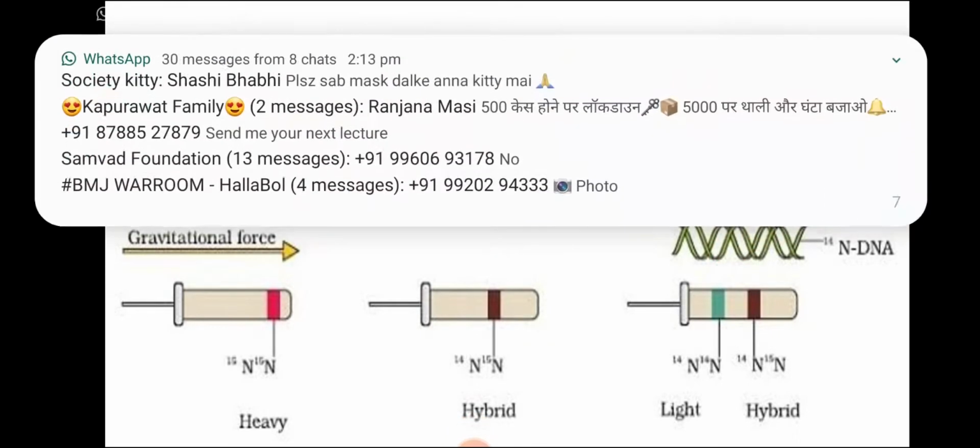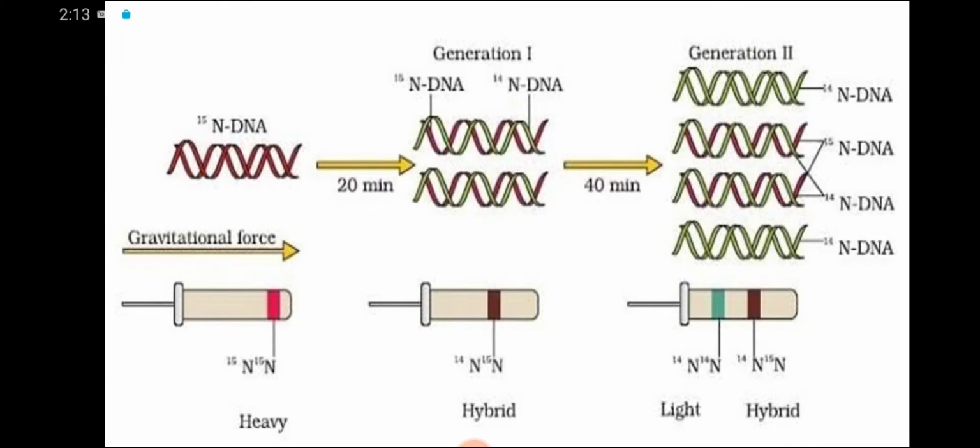So a total of 4 DNA molecules are formed, in which 2 types of bands were obtained. After the second generation, 2 density gradient bands were obtained, one at the N14, N15 hybrid position, and the other at N14, which is light, so it is the uppermost band, formed at the top of the test tube.